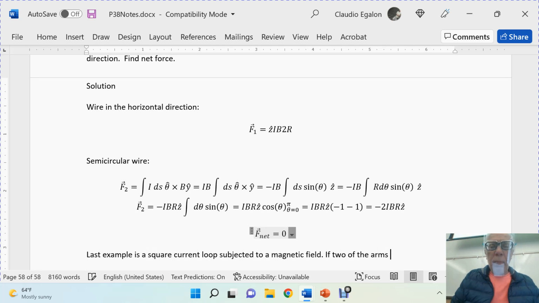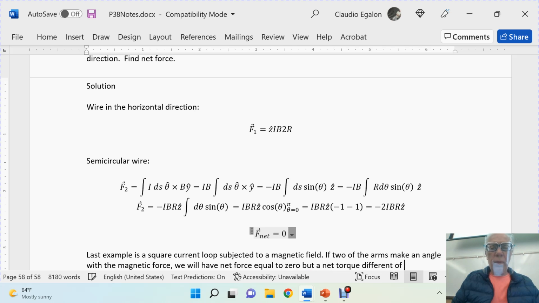If two of the arms make an angle with the magnetic force, we will have a net force equal to 0, but a net torque different from 0. Okay, so here you go.